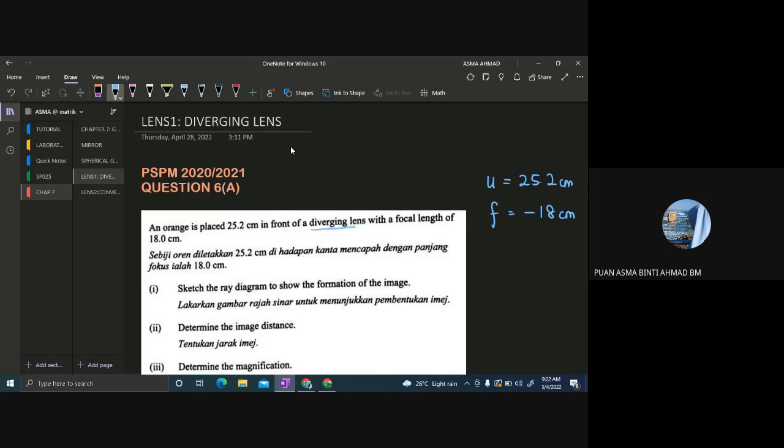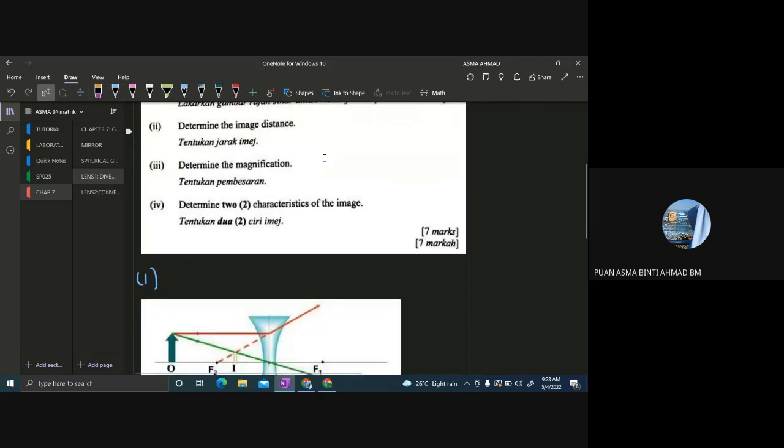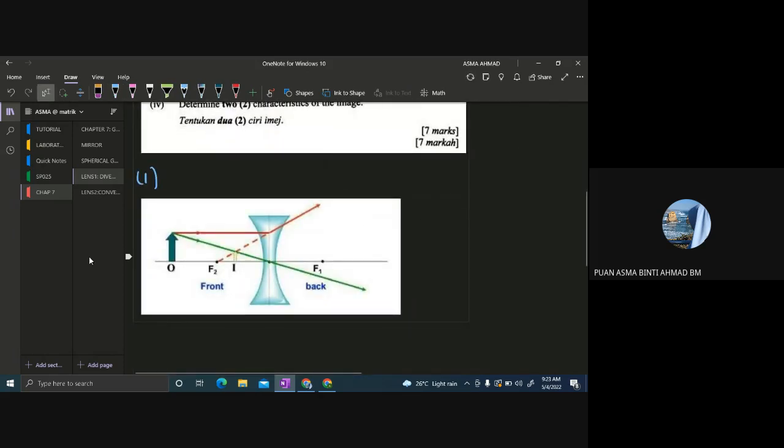For the first question, it asks us to sketch the ray diagram to show the formation of the image. To sketch a ray diagram, first we must draw the principal axis, and we draw a diverging lens at the center of the principal axis and label the focal point at the left side and the right side of the lens.